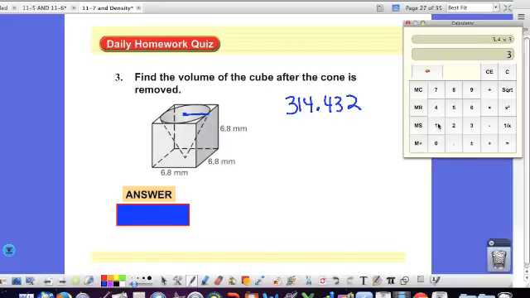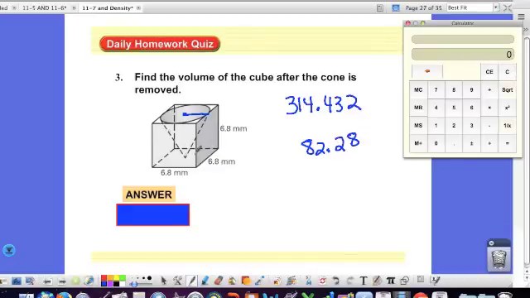3.4 times 3.4 is 11.56 times pi equals that number times the height of 6.8 divided by 3 is 82.28. I'm going to round that too.